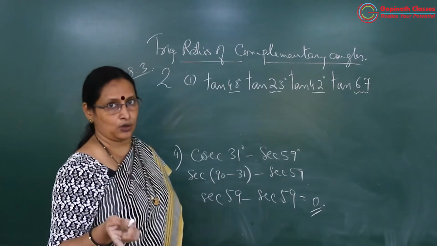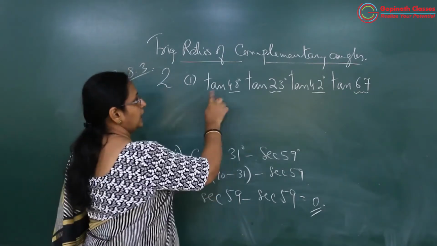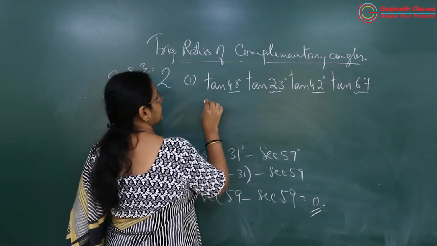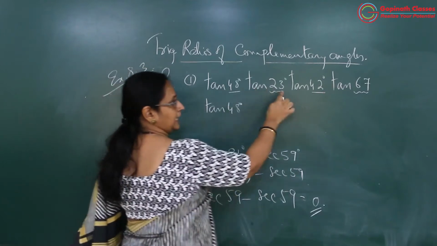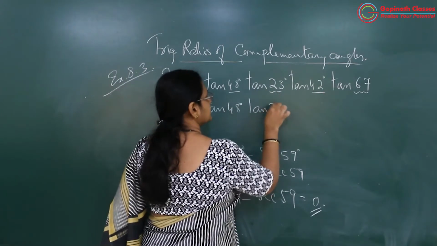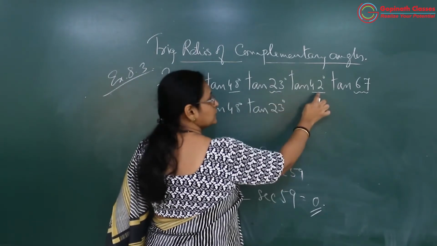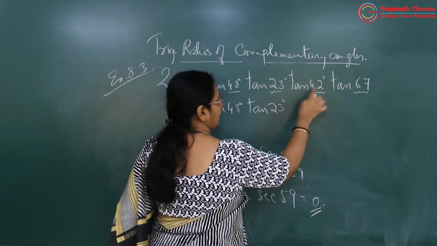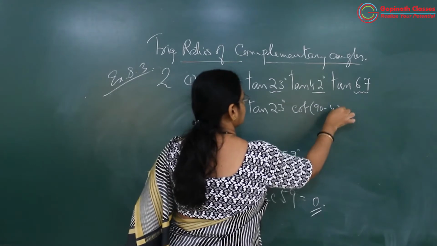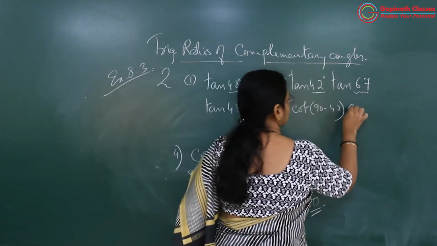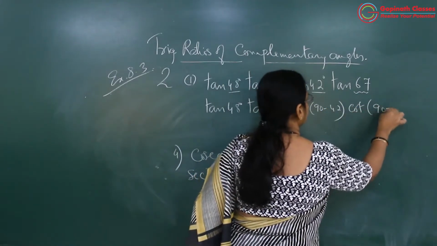Tan ka ulta hai cot. So, tan 48 degree, let me keep as it is, and tan 23 I am keeping as it is. And now this 42 let me change. Tan theta is cot 90 minus theta.